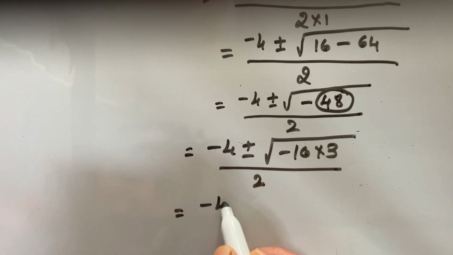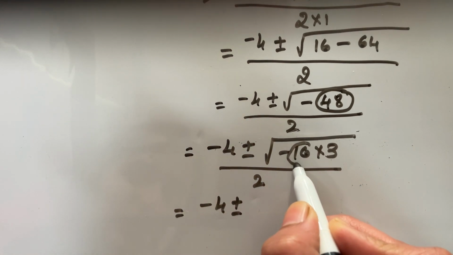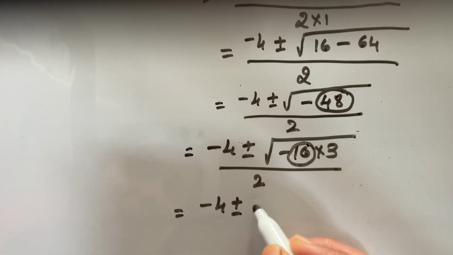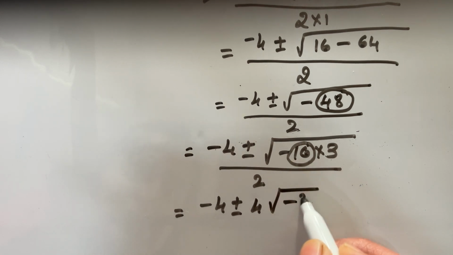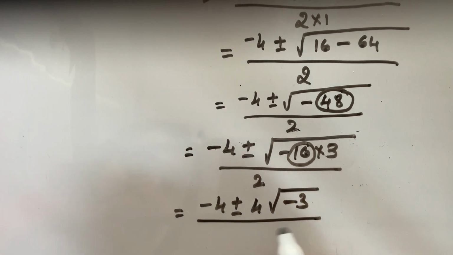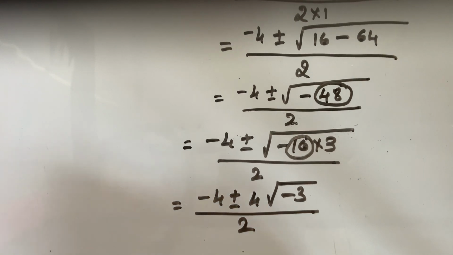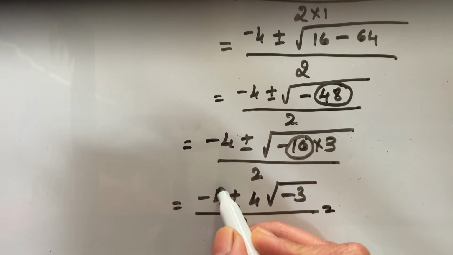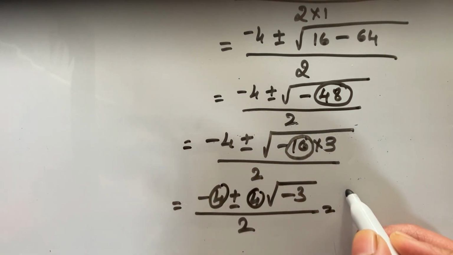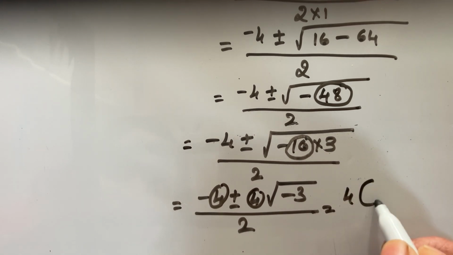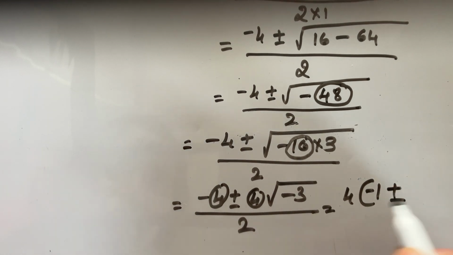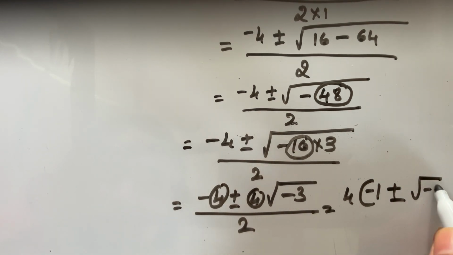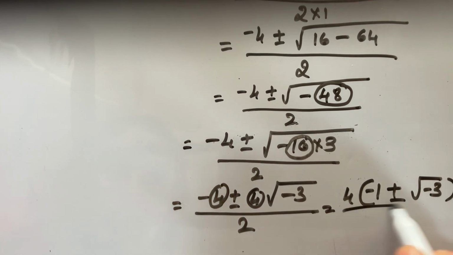Which is equal to negative 4 plus or minus square root of 16, which means 4. So the remaining thing here is negative 3, square root of negative 3, divided by 2. Now I am going to take this 4 outside on both sides. If you take 4 outside, here you will have negative 1 and here you will have square root of negative 3, divided by 2.